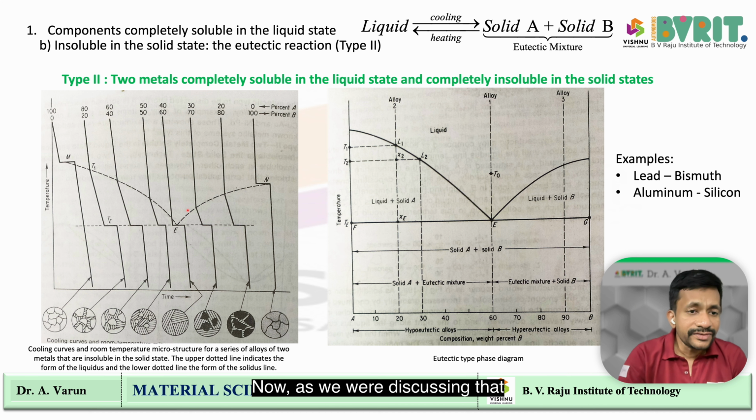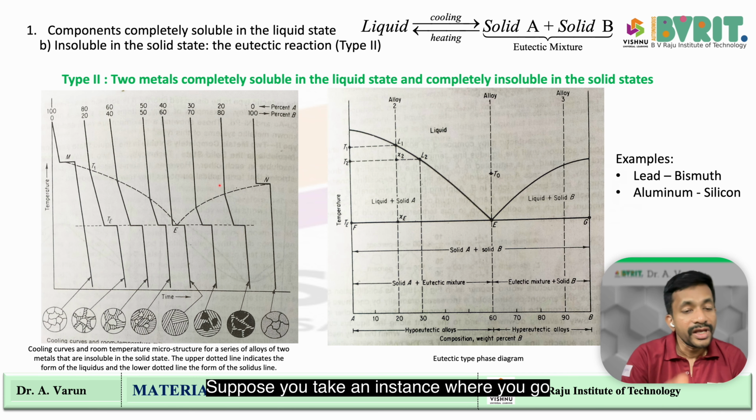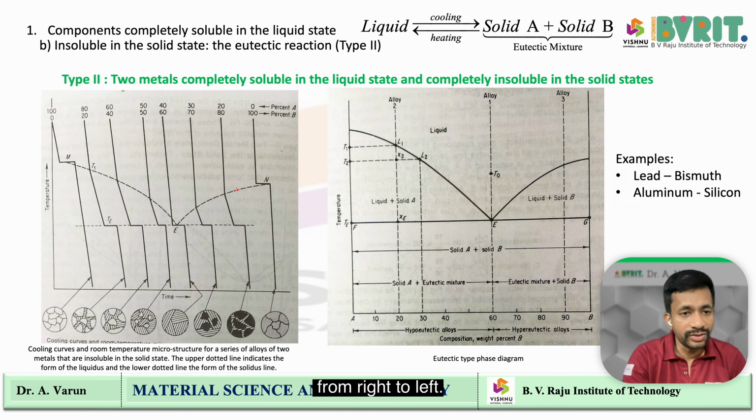Now, as we were discussing, when we are moving from left to right, B is alloyed in A. Suppose you take an instance where you go from right to left.